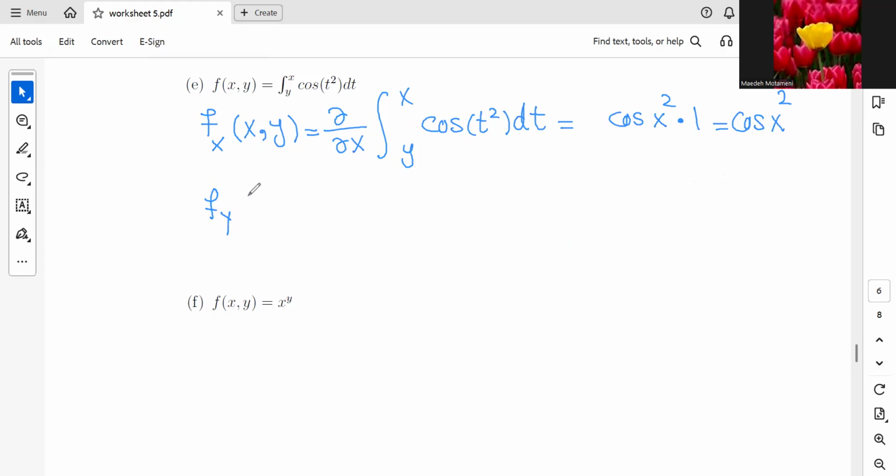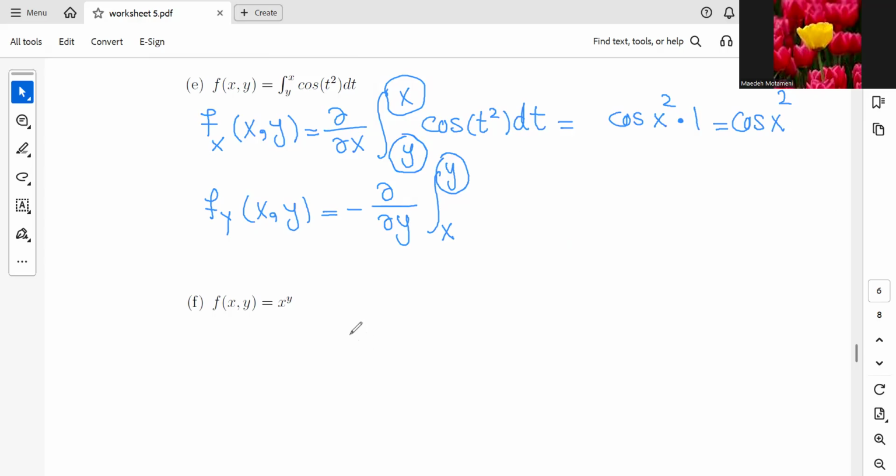For f sub y of x and y, we have to change the boundaries here. So we're going to write negative because we're going to change them here. And this time the derivative with respect to y. And based on the theorem, when you're finding the derivative based on y, that would be here. For the first one, it was with respect to x, which was here. And since for the first one we are finding the derivative with respect to x, it means that y here is just a number.